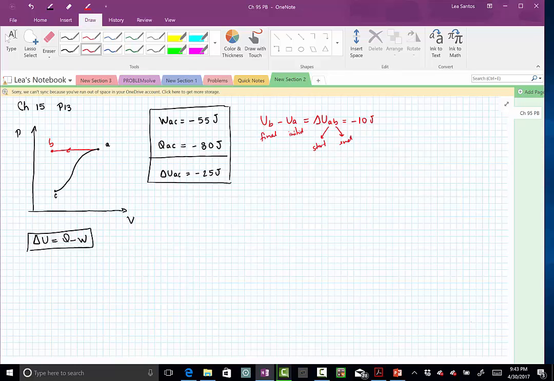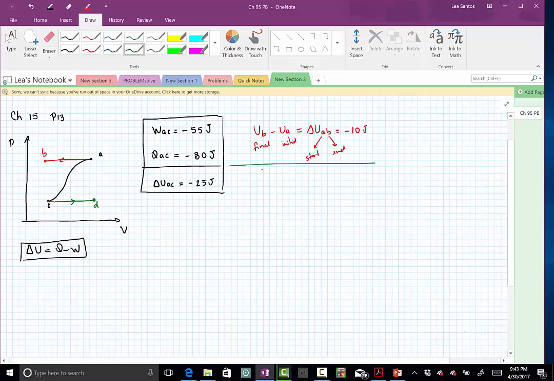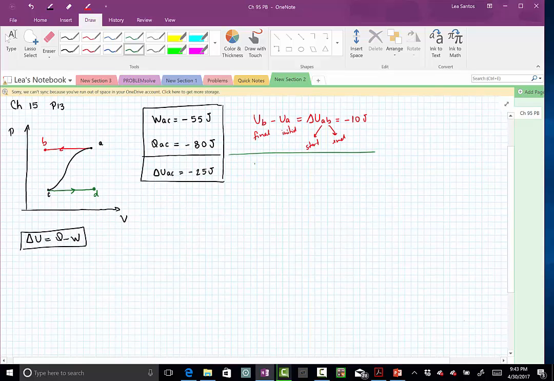What else do they give us? They say that the pressure at A is related to the pressure at point D. So let me put here this other process, because we will also expand from C to D. So this is the point D. They say that the pressure at point A, high up there, is 2 times the pressure at point D. We also know of course that PA is equal to PB, so the process as I go from A to B is isobaric.